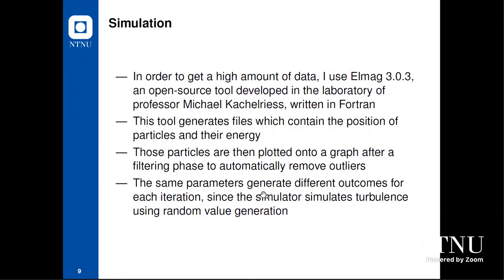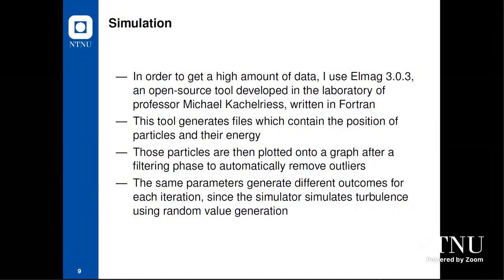And in this simulation, there is also the simulation of turbulence that is performed using random values. This means that with the same input for the simulator, I get different results because of these random numbers. And so I can generate as many inputs as I want, and have, for this reason, a data set that is as big as I want.